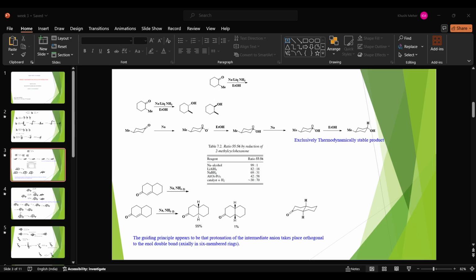We have to try different columns, and only when you separate it can you say whether your compound will be separated or not. These are the little mechanistic things you should know.